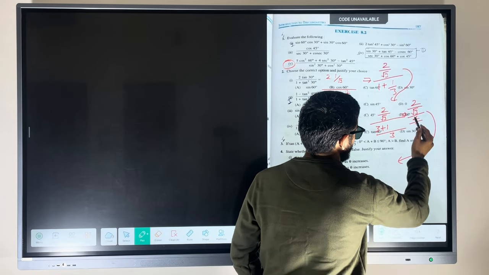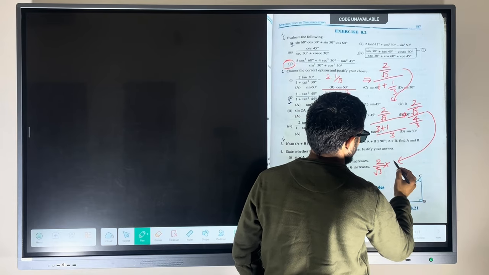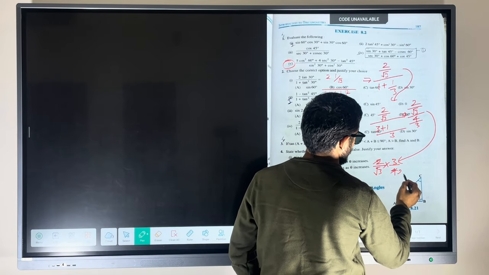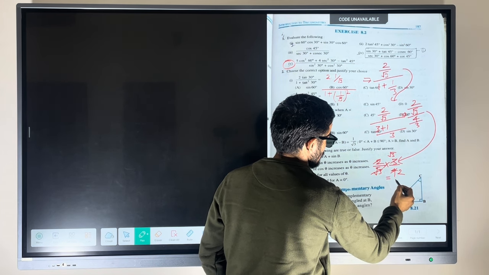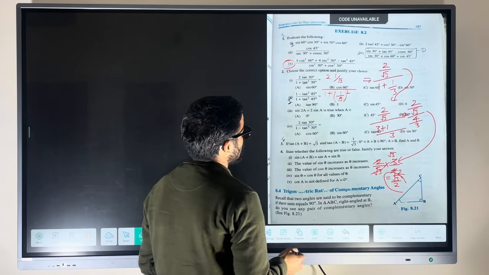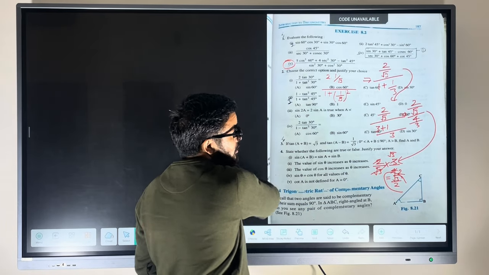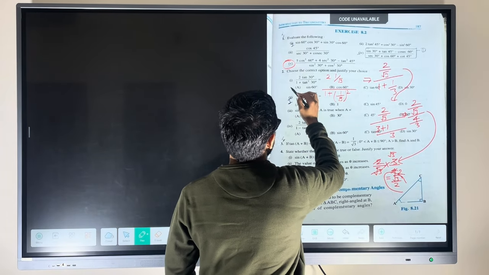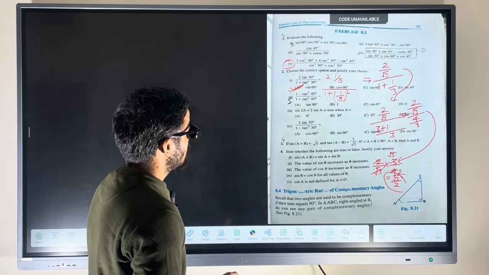If we solve this, it will be 2 by root 3 into 3 by 4. 2 twos are 4, root 3 threes turn to root 3, so it is root 3 by 2. In the options we have sin 60, cos 60, tan 60 and sin 30. We know that the value of sin 60 is root 3 by 2, so option number 1 will be the correct answer. Similarly you can do the other questions.